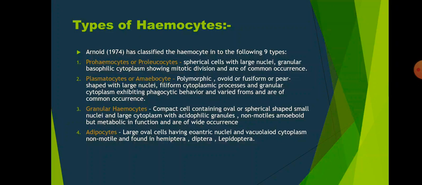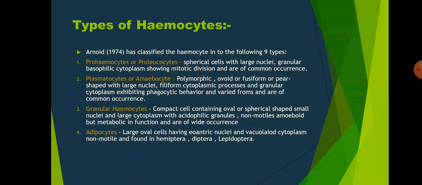Second, plasmatocytes or amoebocytes: polymorphic, oval, fusiform or pear-shaped with large nuclei, filiform cytoplasmic processes and granular cytoplasm, exhibiting phagocytic behavior, and are of common occurrence.